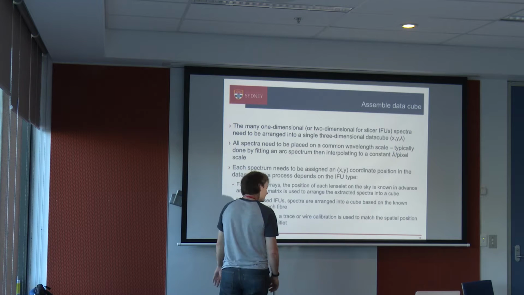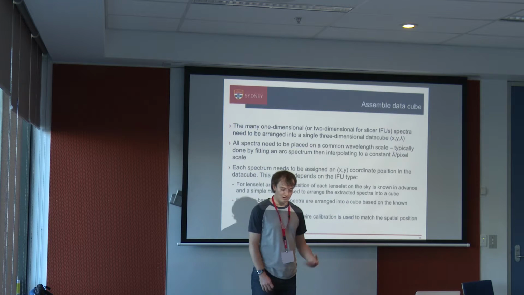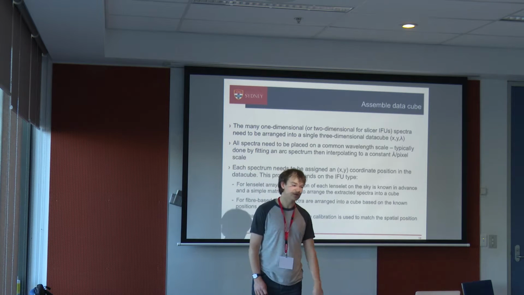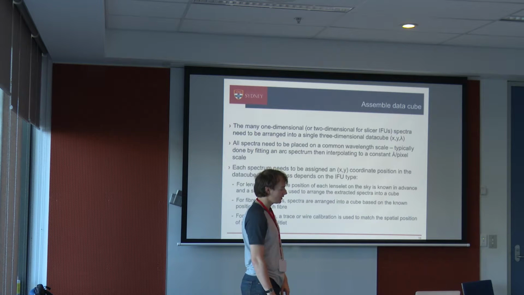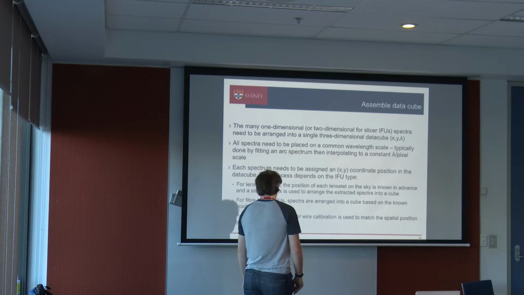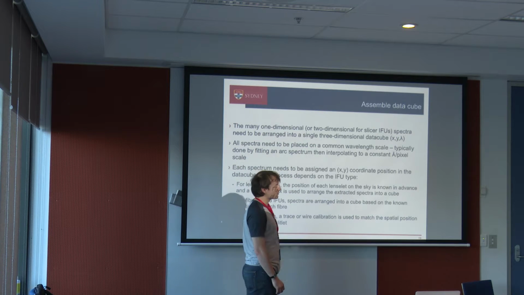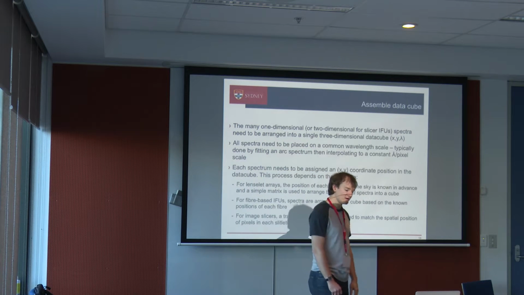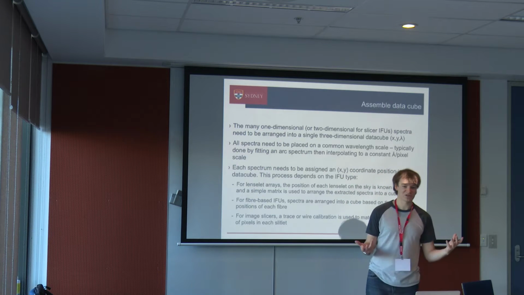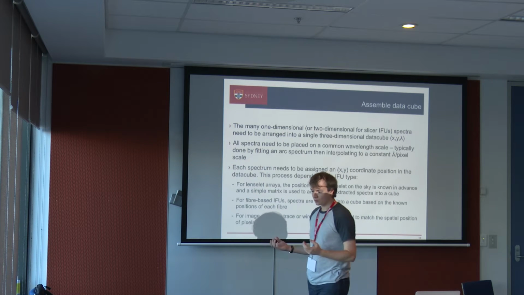The final step is to take those spectra, or 1D long slit spectra that you've extracted, and reassemble them into a data cube. There's effectively two things you need to do. All spectra need to be placed on a common wavelength scale when you have a data cube, an array which has x, y, lambda as its coordinates.